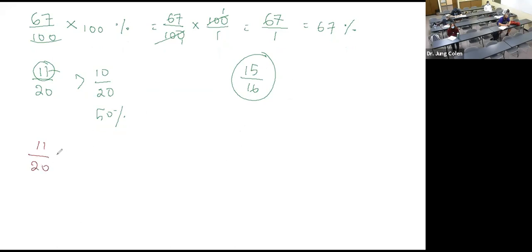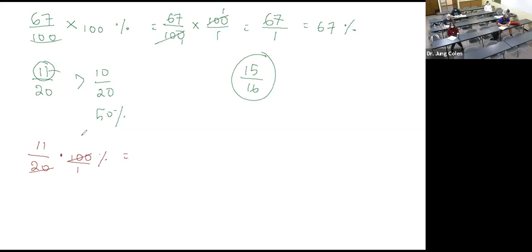Okay, so 11 over 20. What do you do to change that to a percent? You multiply this by 100 percent. So this is the same as over 1, and 20 and 100 divided by 20.